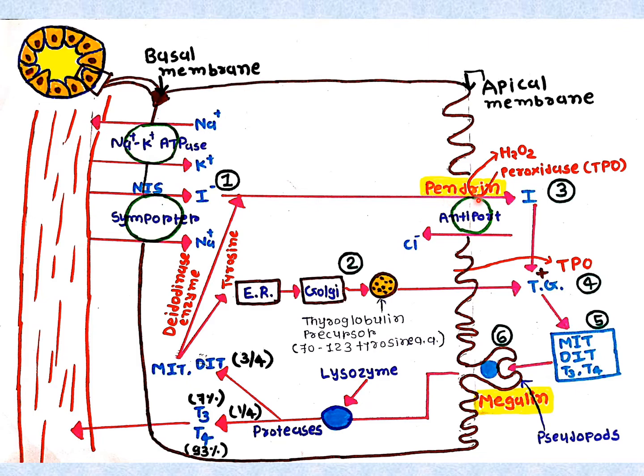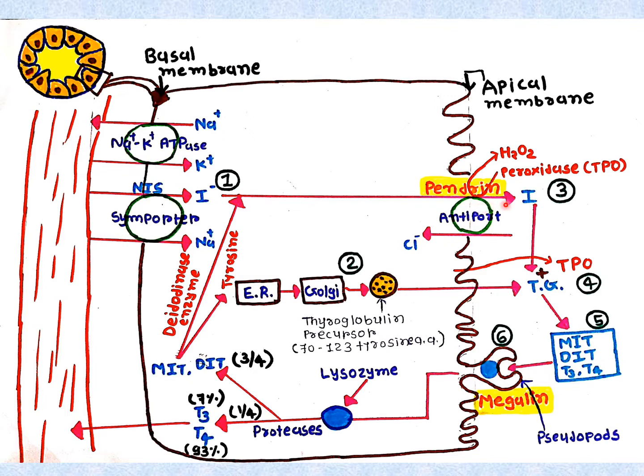With each move of the iodide, which becomes oxidized iodide, that is iodine, near the apical membrane, with a single iodide moving out, there is entry of a single chloride inside the follicular cell. So basically it is an antiport. You can see in the first step, iodide trapping, there is a symporter, that means co-transport. Here in step number 3, antiport.